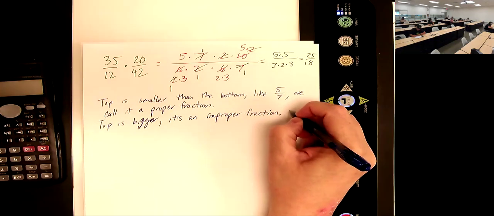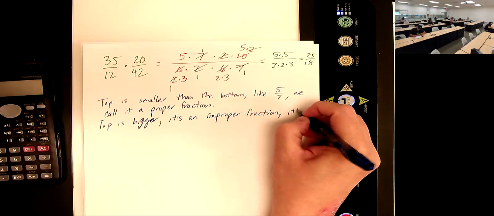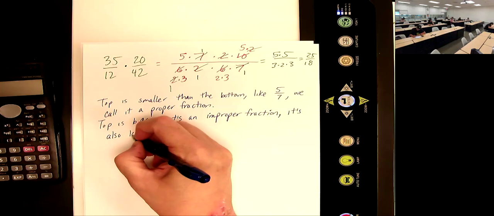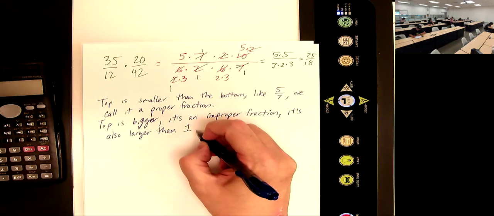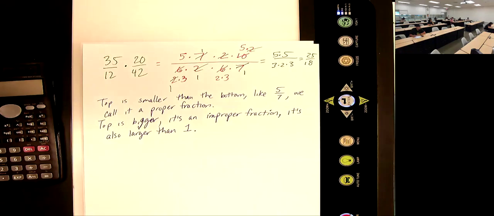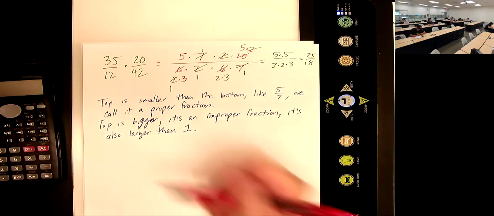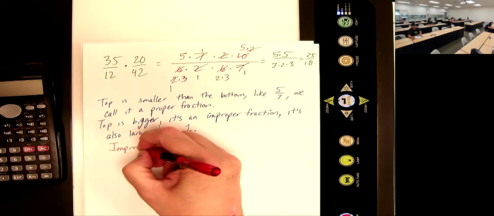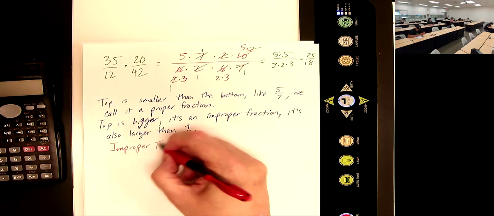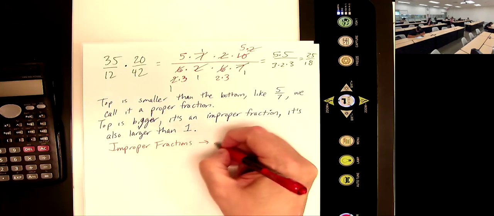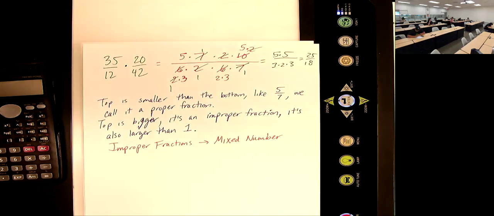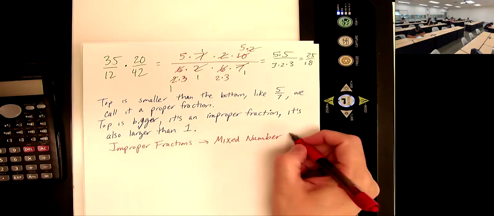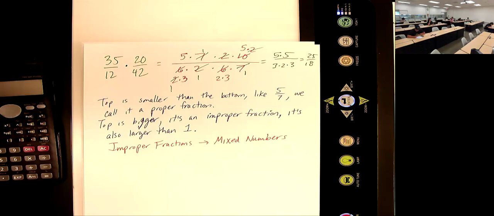It's also larger than 1. Improper fractions can be written as mixed numbers, and we'll do it with 25 over 18.